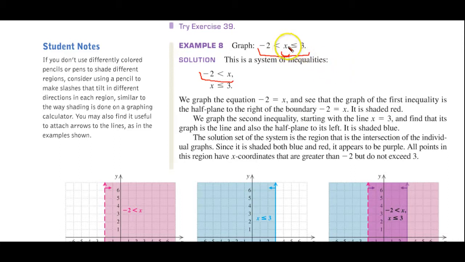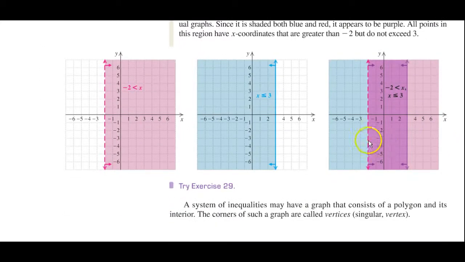Now, by the way, when x is in the middle, what word is this? This is an and. That is, it's a conjunction. So, when you shade that, and again, this one is a dotted line, this one is a solid line, when you shade them, this is your area of intersection.